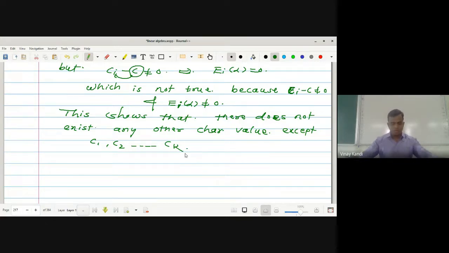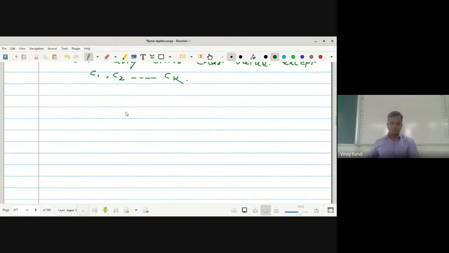Now we are going to prove that T is diagonalizable. To prove that this operator T is diagonalizable, it is sufficient to prove that the vector space V is spanned by all the characteristic vectors of T. How are we going to prove this?